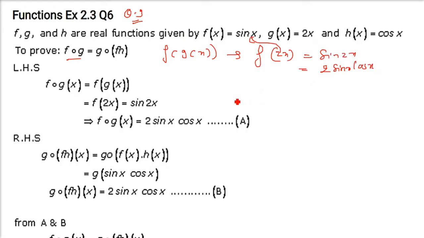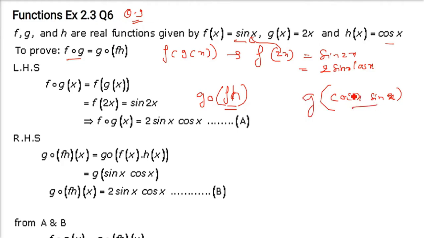And what about this g of fh? Here it is g of fh(x). What does that mean? fh is simply f(x) into h(x). You just have to multiply these two. So f is sin x, h is cos x, just multiply them. So g of fh you have to do: g of cos x sin x.